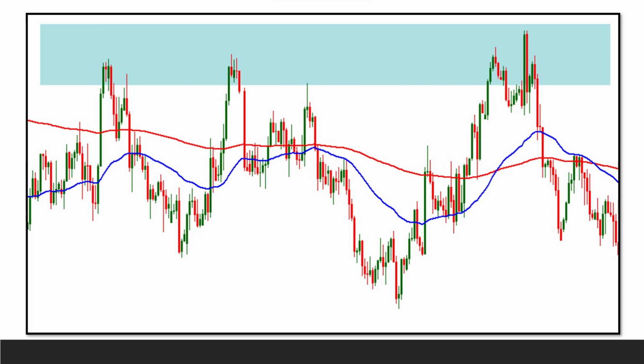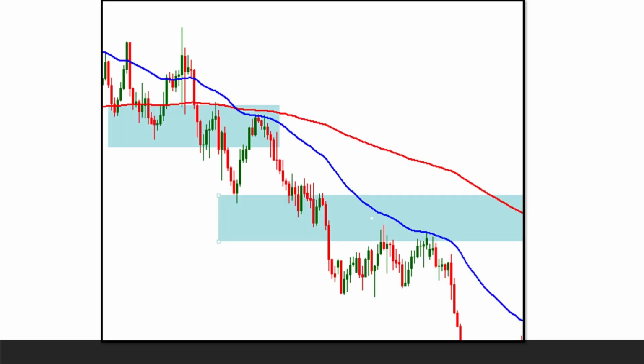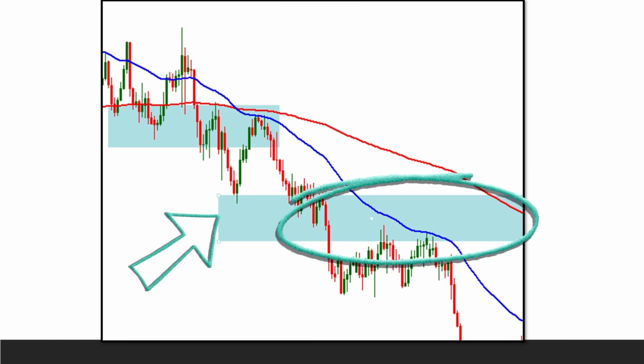In a sideways market, resistance zones are found around the previous resistance zones, like you can see on the chart. In a downtrend, resistance is found at previous support zones, like you can see on this particular chart.